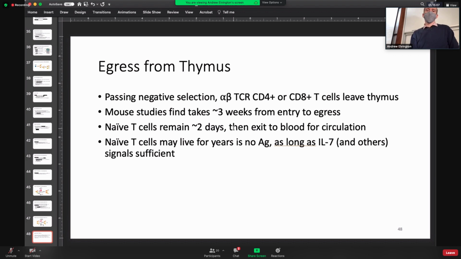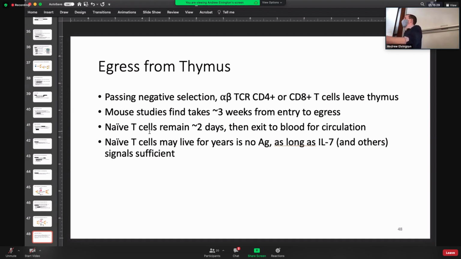Once it is past positive selection, it seems to bump around in the thymus for a couple more days, and it likely is receiving more pro-survival signals so that when it exits into the blood, it's strong enough to survive and circulate. And naive T cells, should they not see any antigen, can live for years.